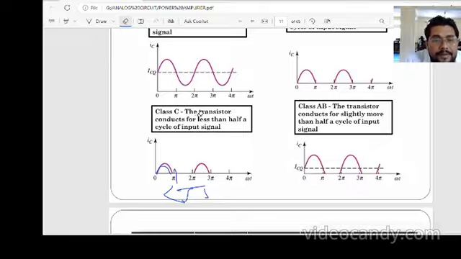And then we will discuss the class C amplifier, where the conduction cycle is less than pi.